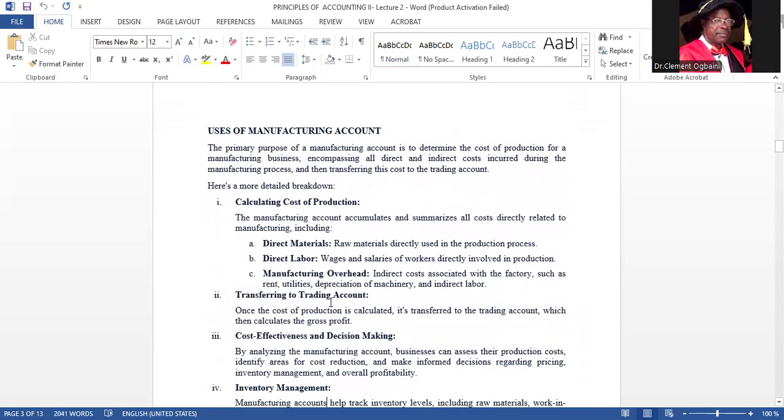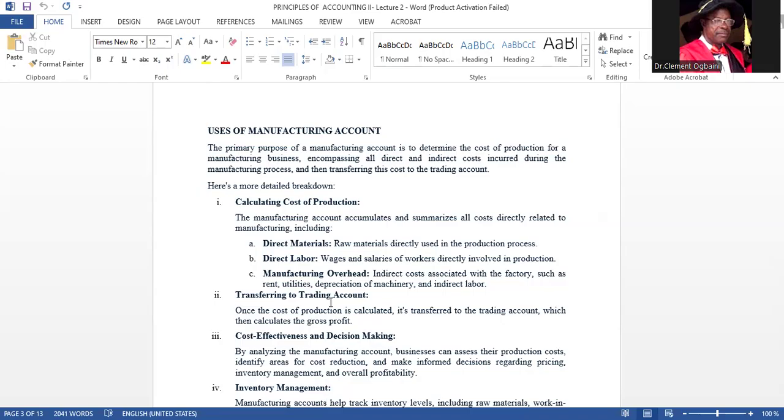Why is it necessary to prepare manufacturing account? What are the uses of manufacturing account? The first and primary use of manufacturing account is that it enables us to determine the cost of production.